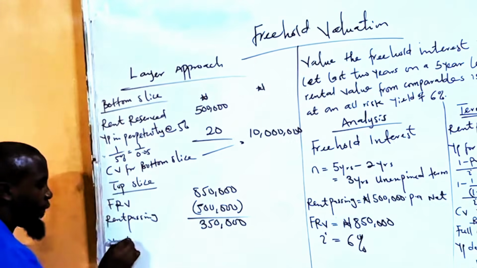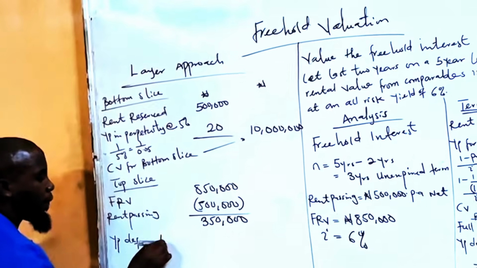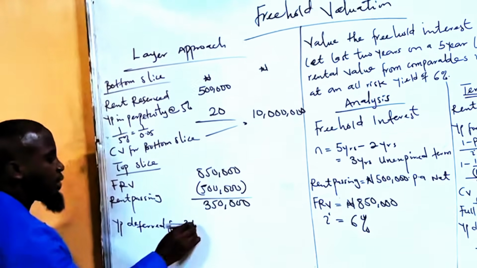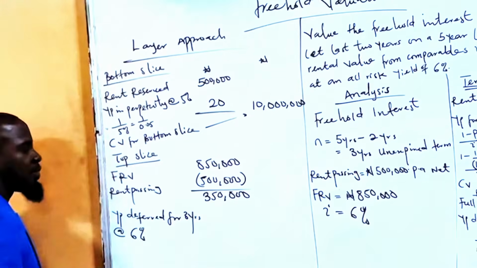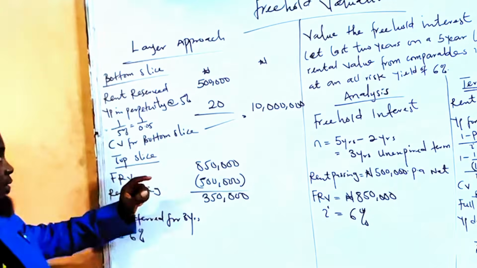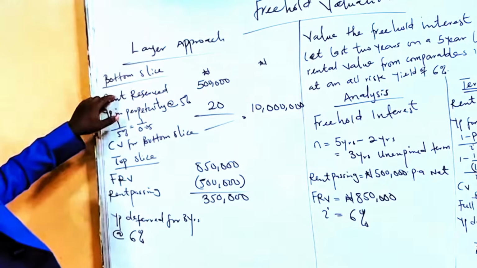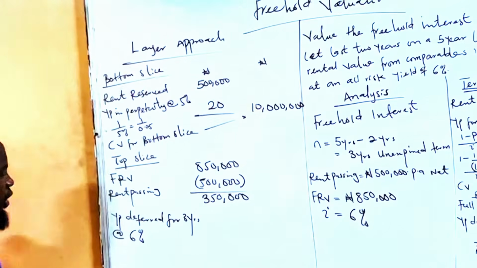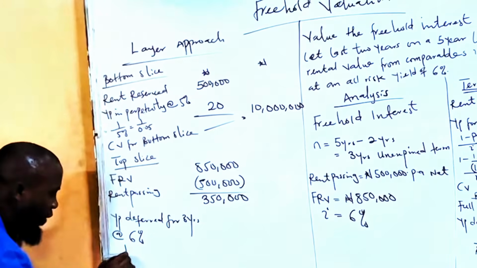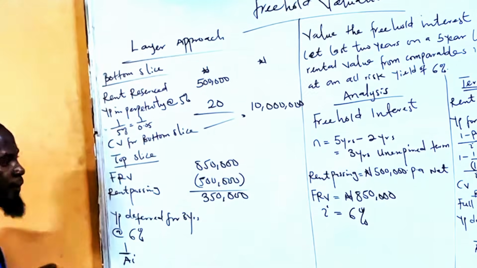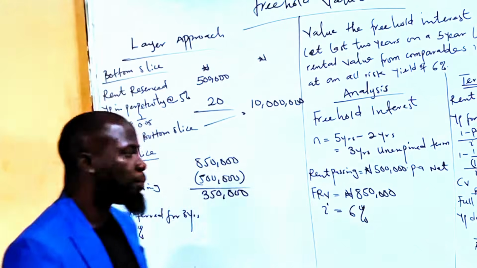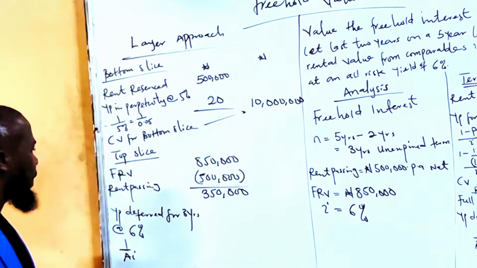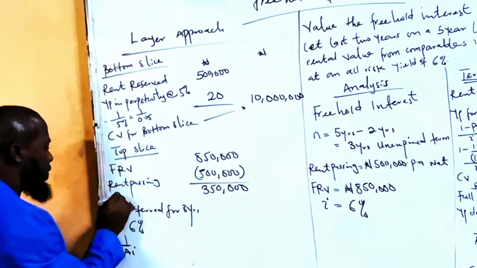YP deferred for 3 years at 6%. Remember, your I here will be lower compared to this place. So the formula is 1 all over AI, and I think we have it earlier.